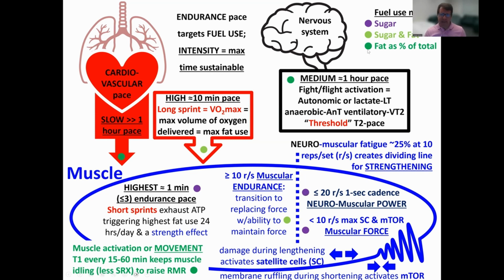And fats, the darker green, primarily in your 1-hour pace and longer than your 1-hour pace. And then in the light green, which is your 10-minute pace and high repetition strengthening, that's where it's a combination and falling in the spectrum somewhere in between, where you're using both fuel sources potentially equally, right?